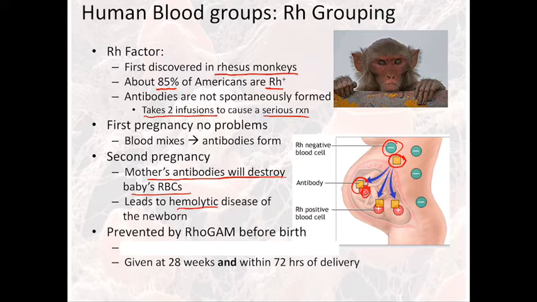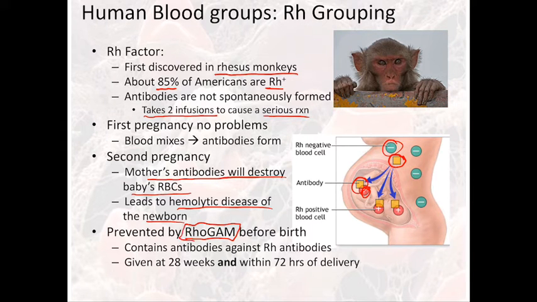It leads to what's called hemolytic disease of the newborn, which can lead to some very problematic developmental delays or death. And so now if the mom is Rh negative, they just automatically give a drug called Rogam. And Rogam contains antibodies against the Rh antigen, and so if mom does have those antibodies, this drug will destroy those.